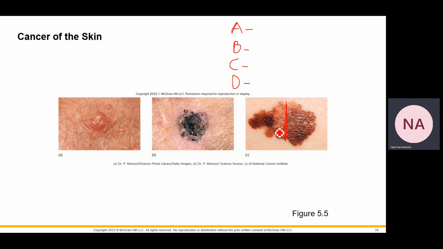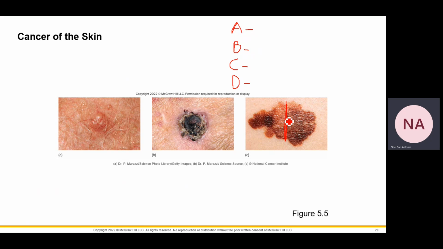The border of that malignant melanoma is obviously irregular. And then C for color. A malignant melanoma have different shades of color within that area of pigmented spot.